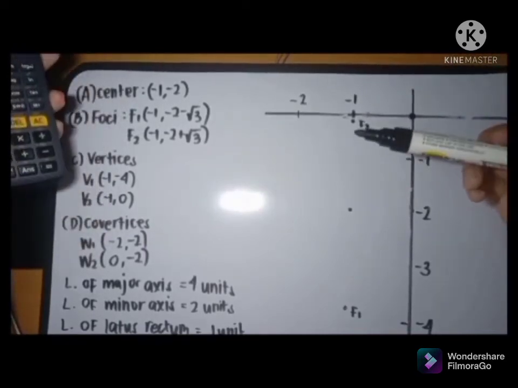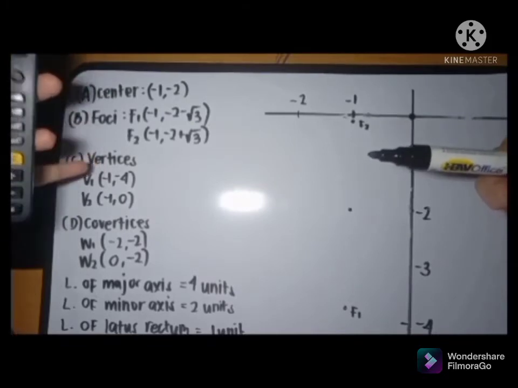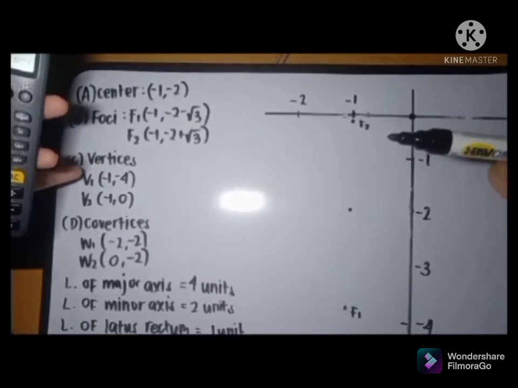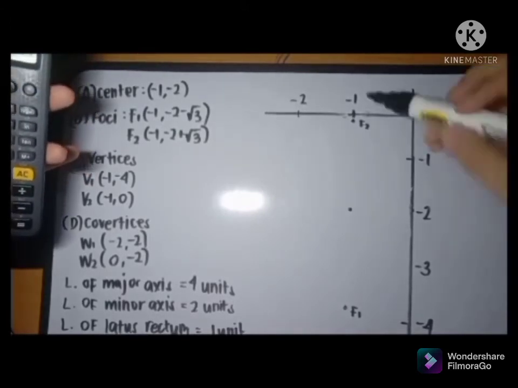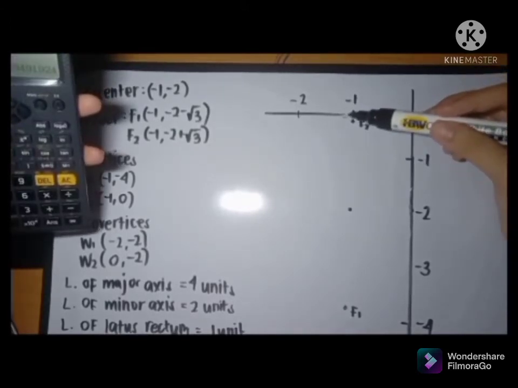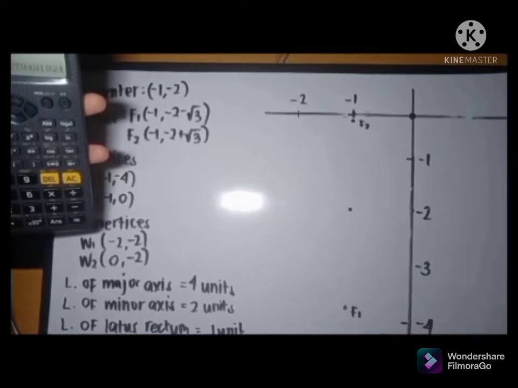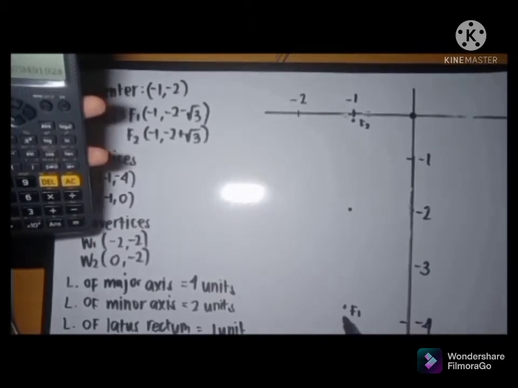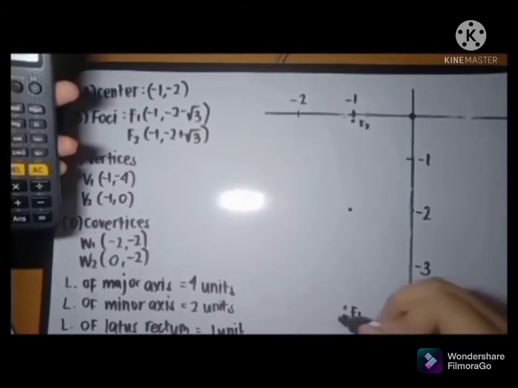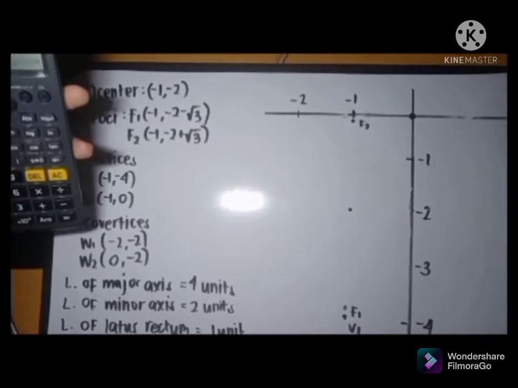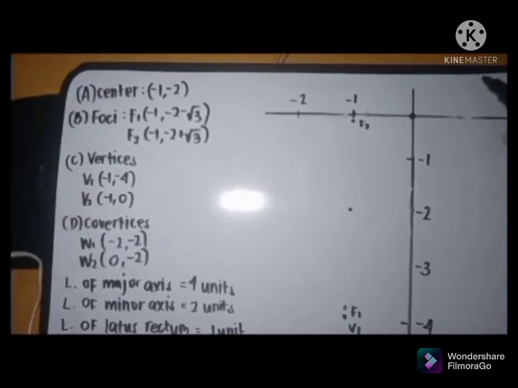So moving on, for the vertices, we have v sub 1, which is negative 1, comma, negative 4. So that should be right here. That is v sub 1. Then for v sub 2, we have negative 1, comma, 0. So obviously, it's just right here.